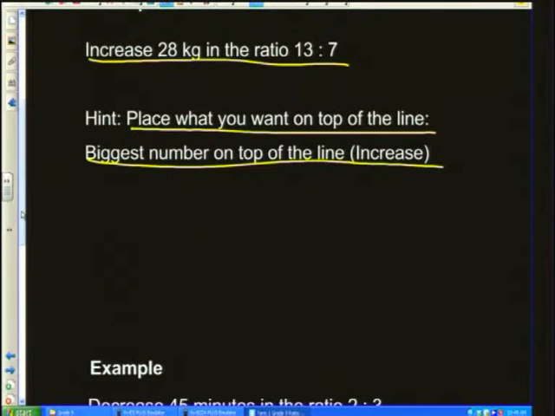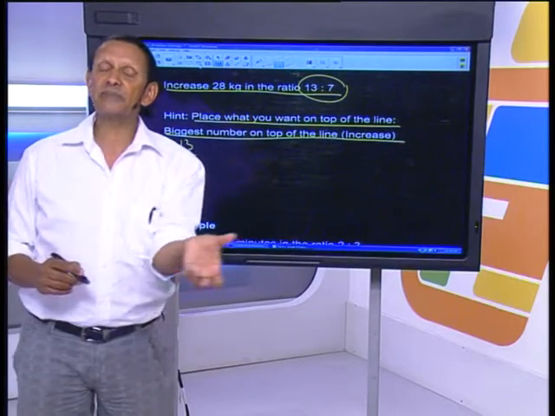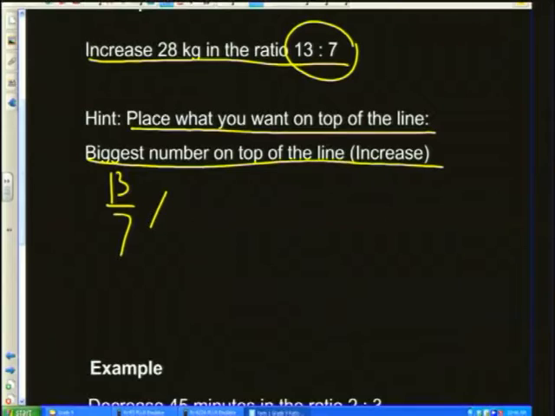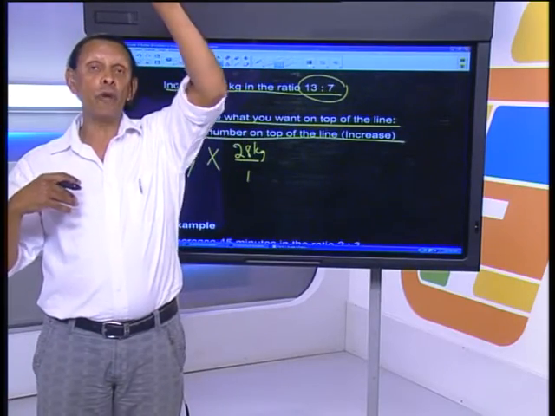So if the ratio is 13:7, guys, and I want to increase, then I will say 13 divided by 7. The biggest number in the numerator and the smaller number in the denominator, and then I multiply that with the 28 kg.